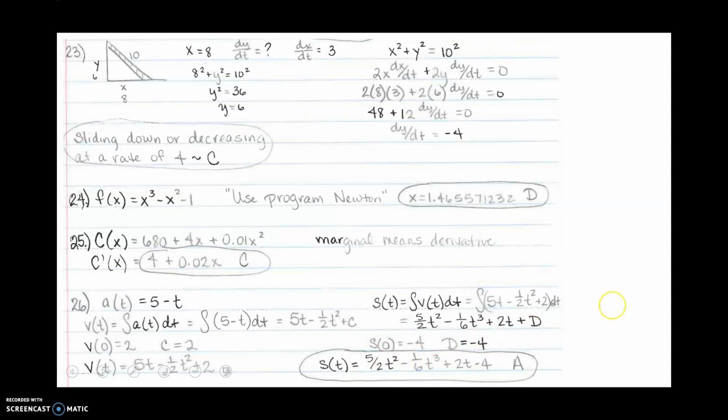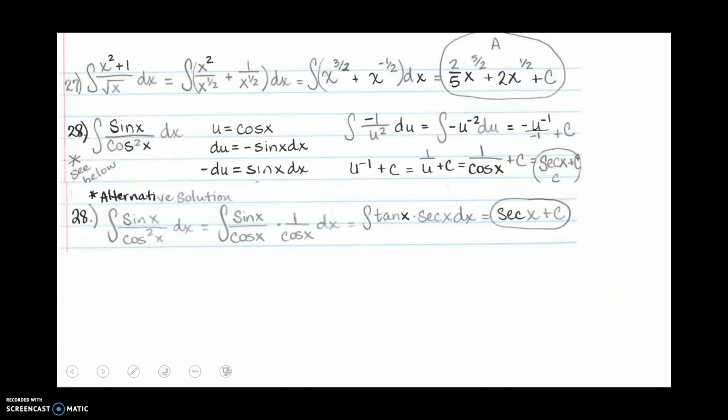All right. Then for number 27, we have the antiderivative of x squared plus 1 over the square root of x. Now remember, you cannot take an antiderivative of a quotient. There has got to be a way to simplify this so that I don't have a quotient.